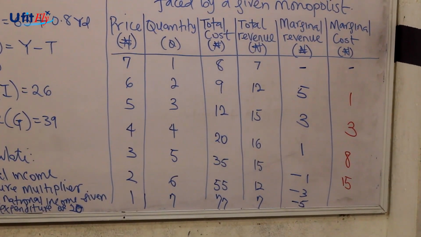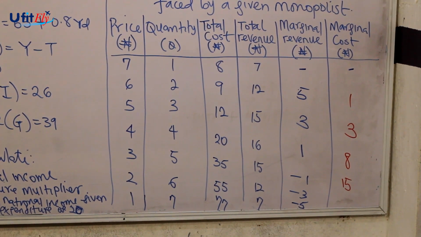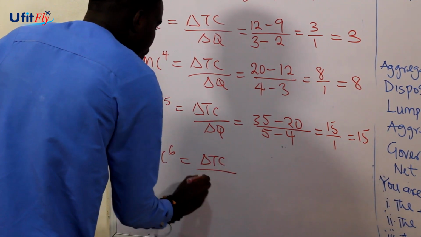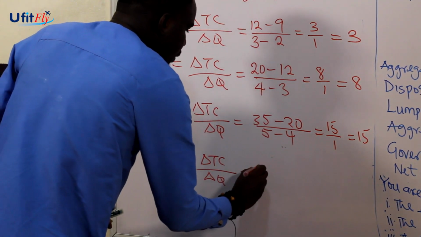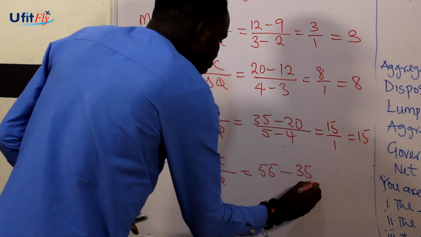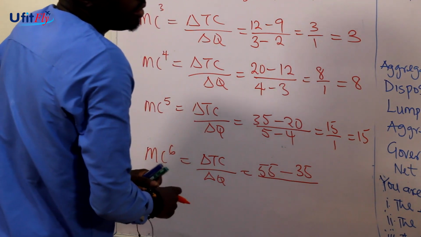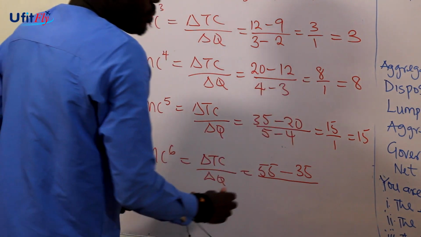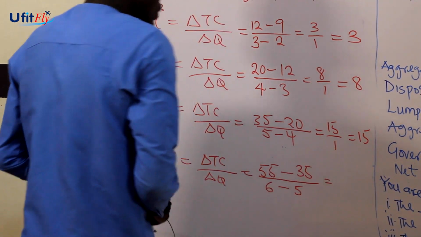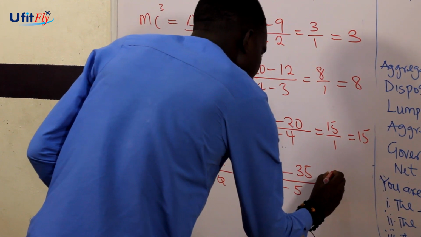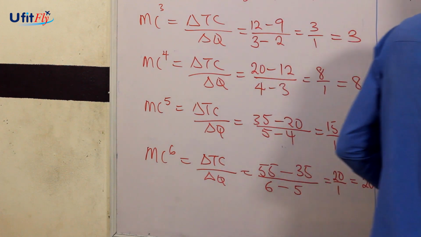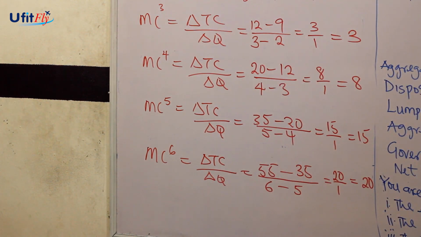At output 6, the total cost is 55. Change in total cost with respect to change in Q. Total cost is 55. The initial cost is 35. The actual quantity is 6, initial quantity is 5. So we have 20 divide 1, 20. At output 6, marginal cost is 20.